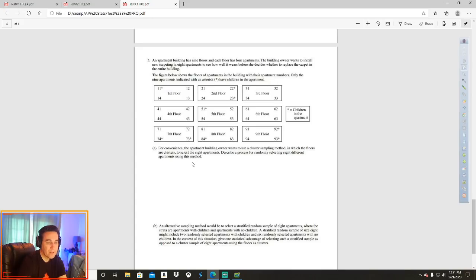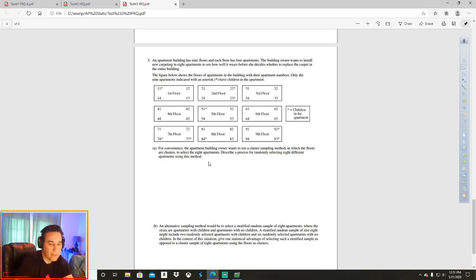So I could say that I put the floor numbers in a hat, shake up the hat, and I randomly pick 2, and then I give every apartment on those 2 floors the carpet. There's a description of how you did the randomization, right? A lot of people were not doing that one correctly. I remember that one.